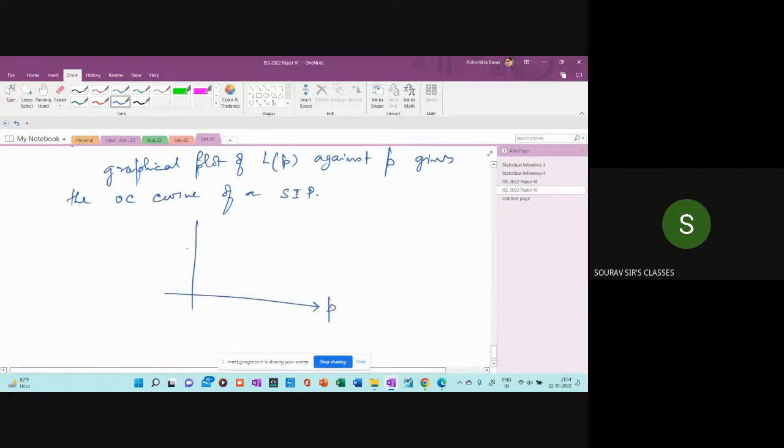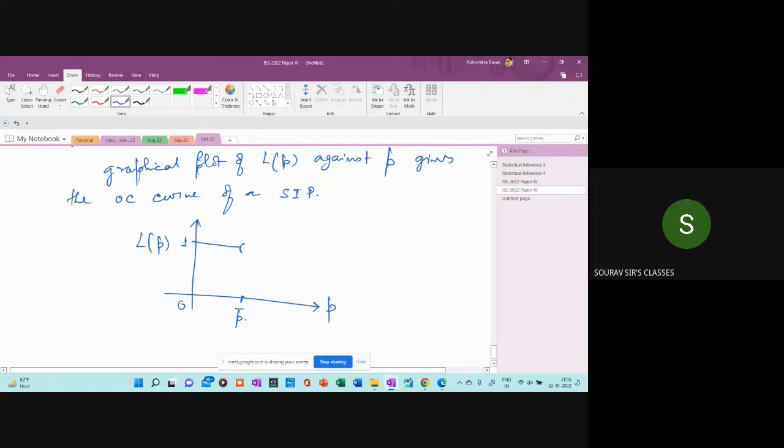The OC curve actually looks like this. This is my P, this is my L(P), and suppose this is 1, and here is the P bar, the process average. Up to P bar, it takes the value 1.